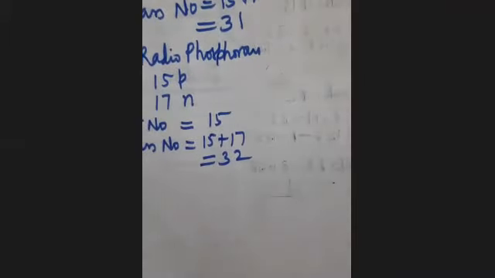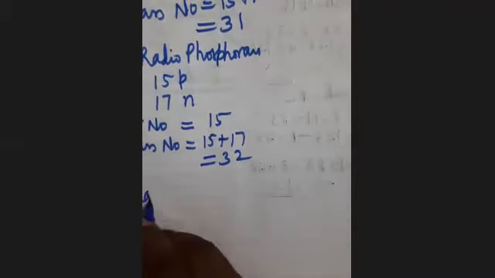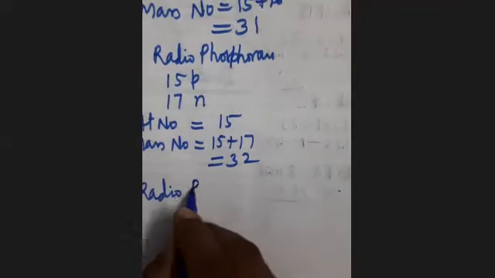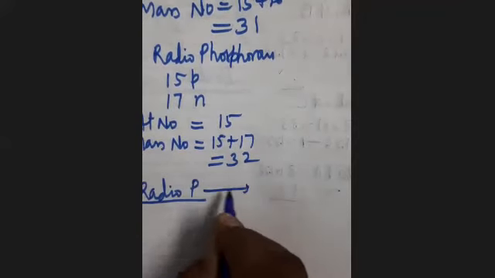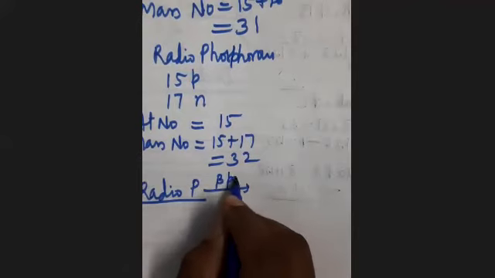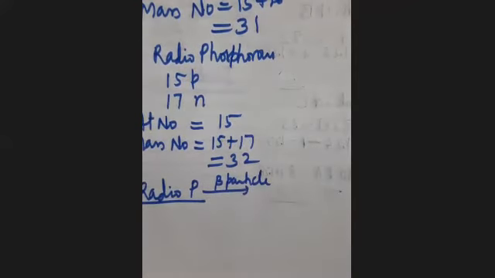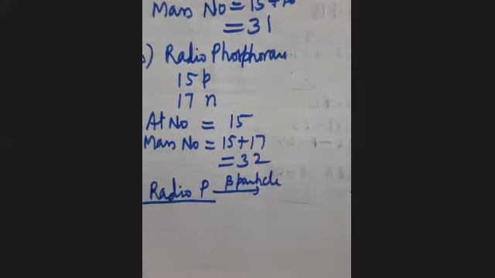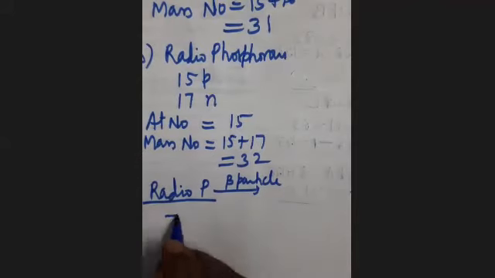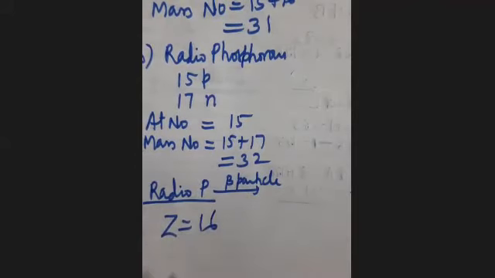What will be the atomic number and mass number of a new nucleus formed by the decay of a beta particle by radiophosphorus? Means when radiophosphorus emits one beta particle, what will be the atomic number and mass number? So atomic number will increase by 1. It will become 16. What will happen to the mass number?